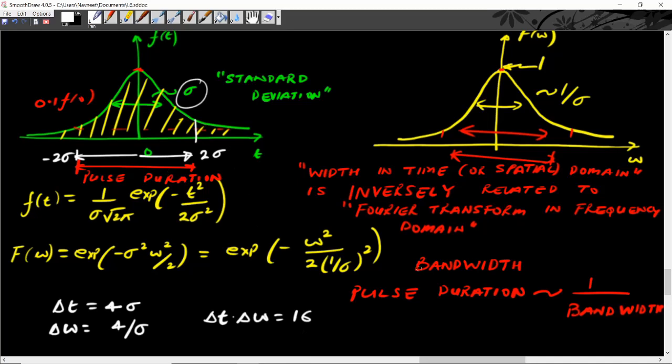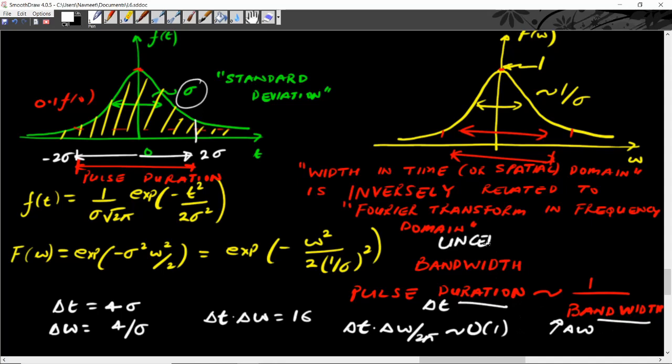From these examples, we have seen that the pulse duration and the bandwidth are inversely related, and also that delta t times delta omega divided by, let's say, 2 pi is always a number that is of order 1. So this relation between the pulse duration and the bandwidth is called the uncertainty principle.